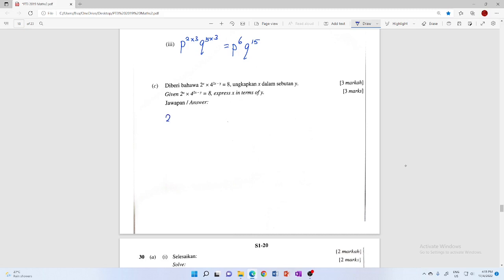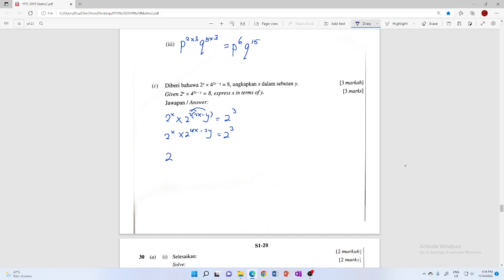So 4 is 2 to the power 2, multiplied by x minus y, and 8 is 2 to the power 3. So 2 to the power 2x, and we expand. 2 times 2x is 4x, and 2 times -y is -2y, equals 2 to the power of 3.